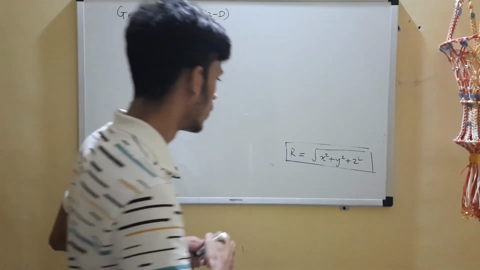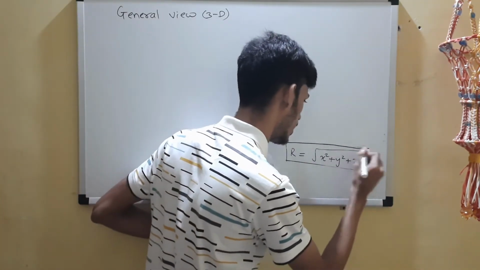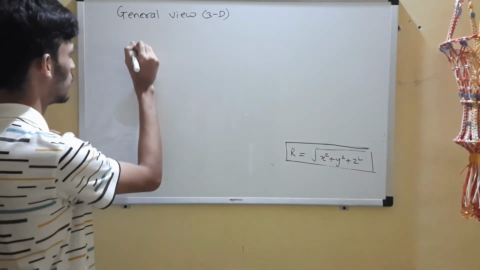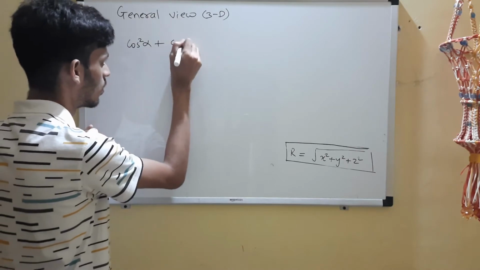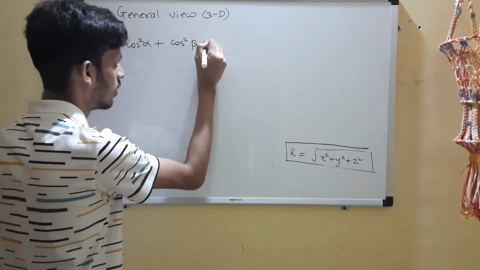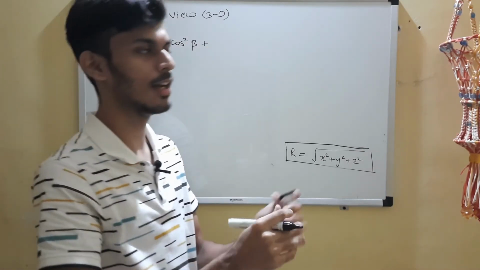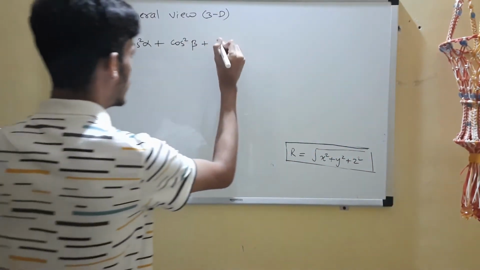That requires a bit of use of math. We'll use cos square alpha plus cos square beta plus cos square gamma. Alpha, beta, gamma, you remember, are the angles with the x-axis, y-axis and z-axis respectively.